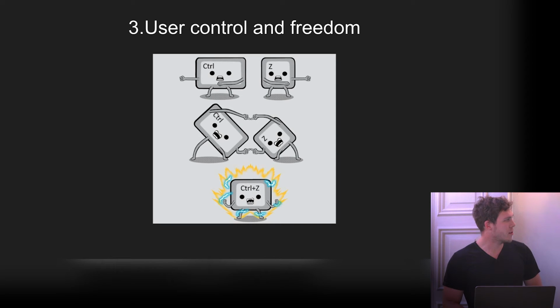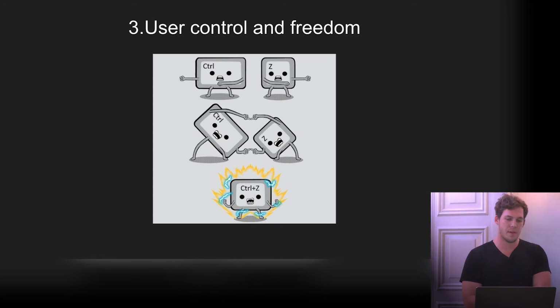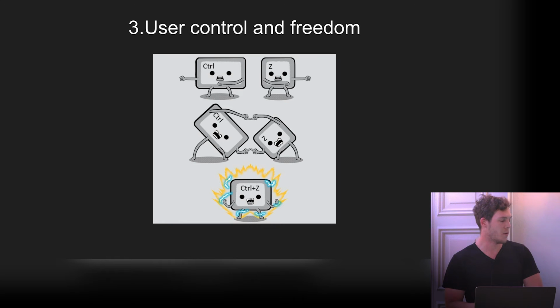So this user control and freedom. Users generally make a lot of mistakes, and you should make it easy for the user to go back or undo stuff, because it's kind of a nice thing to do to the user, and let them have control over, let's say, a big download.